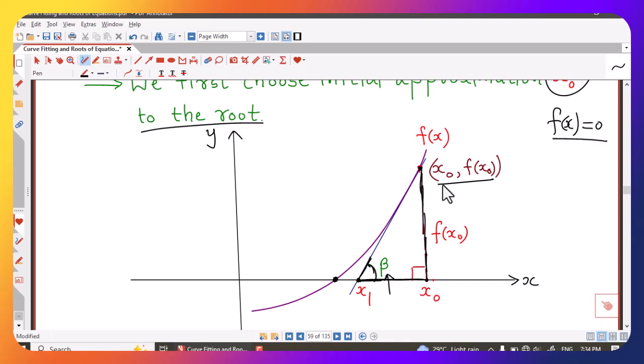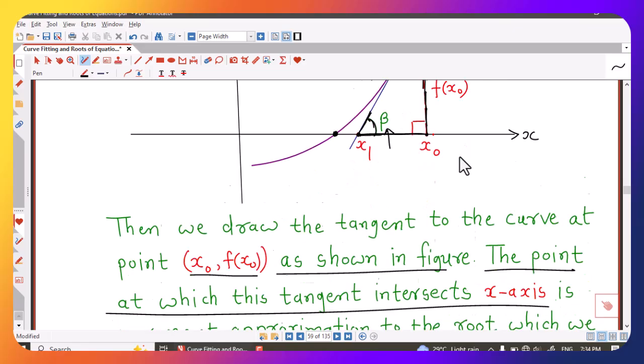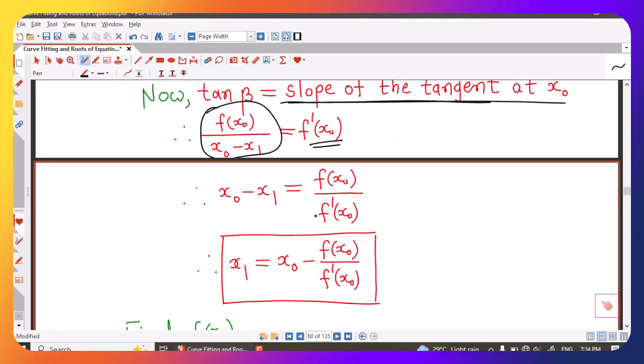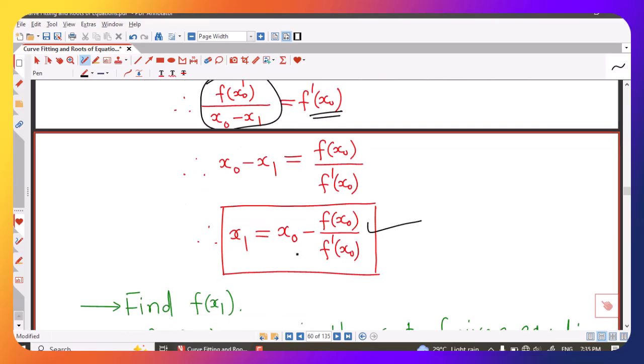And we know that if function is differentiable, then slope of the tangent to the curve is given by value of first derivative of a function at point x0. So that I have written here. Slope of the tangent at x0 is f'(x0). Then we simplify and we find that x1 is given by x0 minus f(x0) divided by f'(x0).